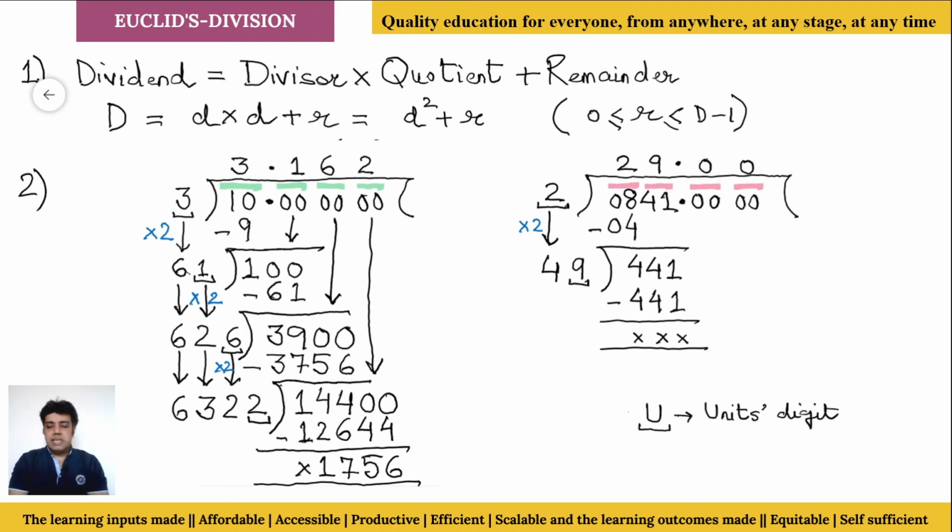As discussed in the earlier example, the second dividend that I get here is 441. Now the 44 in 441 decides which digit needs to be multiplied with the tens digit of the second divisor, which is 4, such that the multiple of the second divisor comes closest to the second dividend, which is 441.